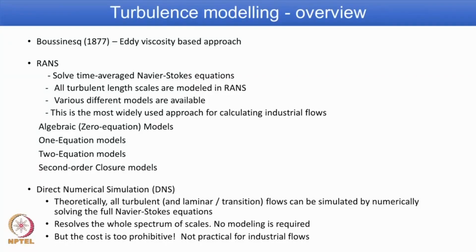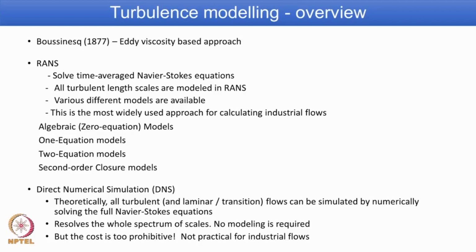The second approach is what is known as direct numerical simulation. As the name indicates, you obtain a solution without following any modeling strategy. So, theoretically all flows, that is turbulent, laminar and transition flows, can be simulated by numerically solving the full Navier-Stokes equation. As I mentioned before, the structure of the turbulent flow equation is the same as the original Navier-Stokes equation.